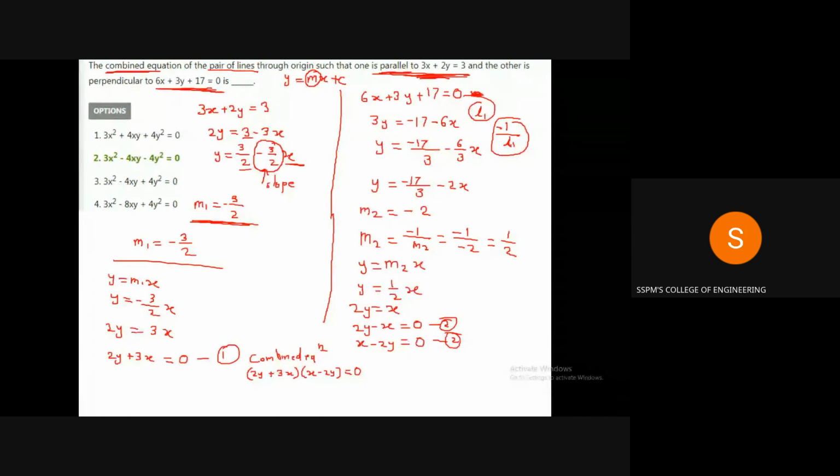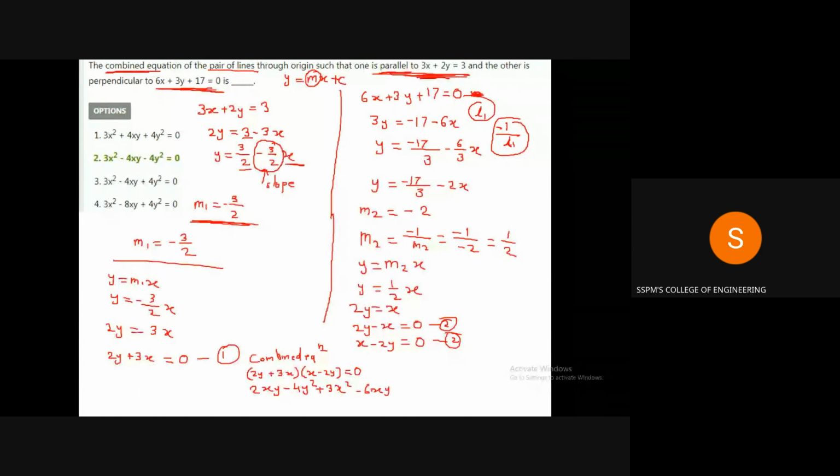So what will be the multiplication? First term into first term of second bracket is 2xy, minus 4y square. 3x into x is plus 3x square, minus 3 into 2, 6xy.